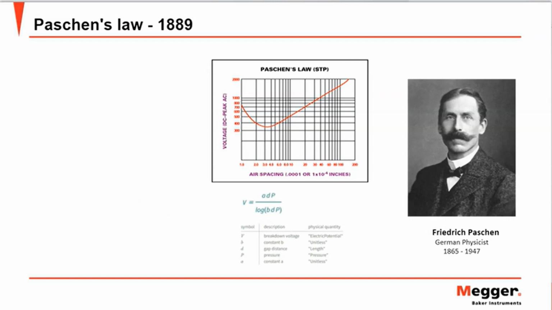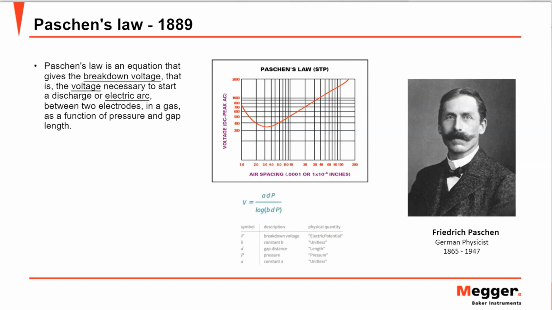The surge test started in 1889 with Paschen's law. This German guy wrote an equation that gives us the breakdown voltage needed to create an arc in a certain environment, a gas, a pressure, etc. This equation predicts the minimum breakdown voltage for a specific pressure and distance.